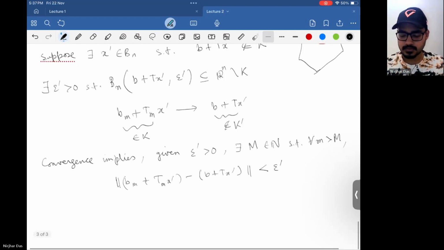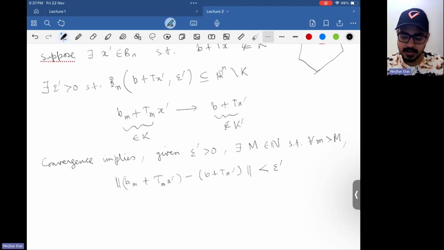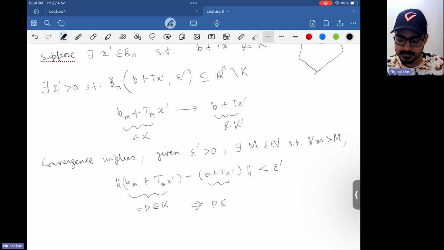This is the convergence statement. And I know that this is a point in K, call this point P. So P belongs to K, and this P lies at a distance less than epsilon dash from this point. So basically, this implies that P lies in the ball B(b plus T x dash, epsilon dash).